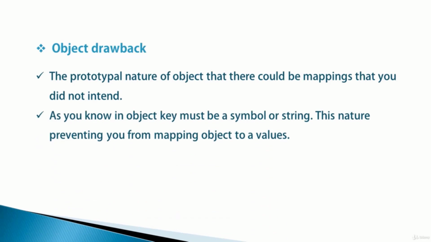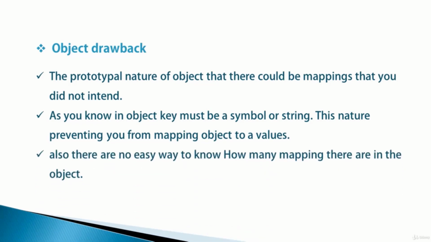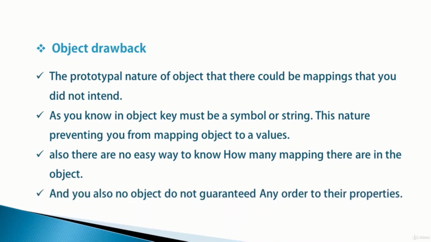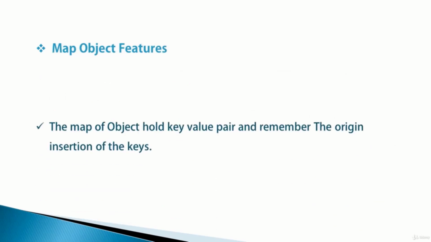As you know, in an object, a key must be a symbol or string. This prevents you from mapping an object to a value. Also, there is no easy way to know how many mappings there are in the object. And you also know objects do not guarantee any order of their properties.